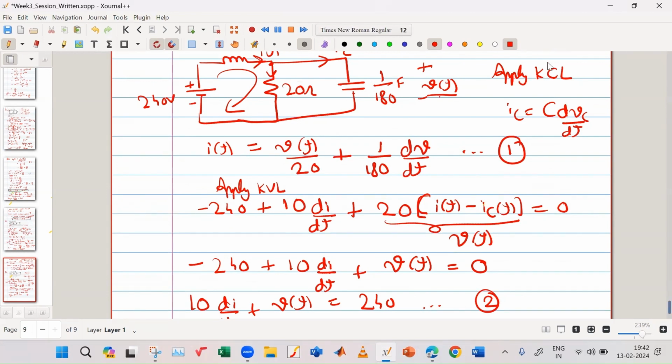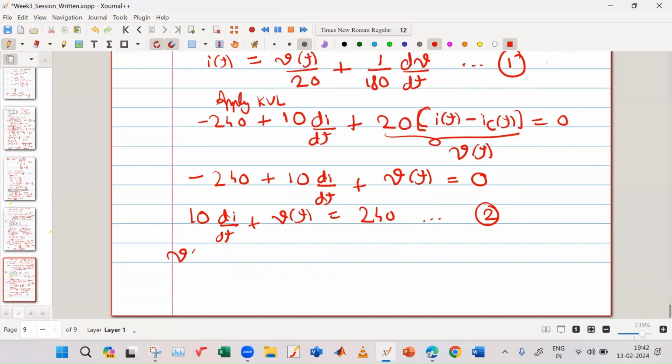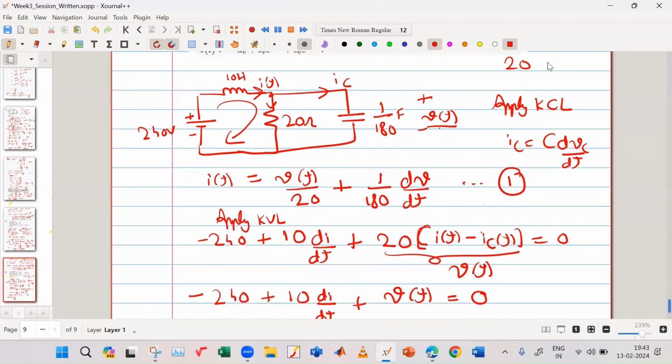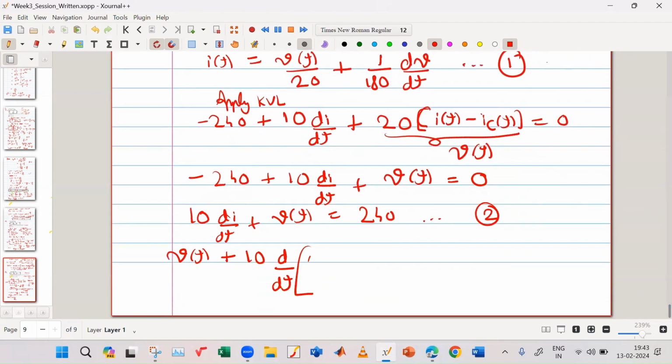So I get V of t, I'll leave it as it is, plus 10 into d by dt into I. What is my I? My I is V of t upon 20 plus 1 by 180 into dV by dt, is equal to 240.